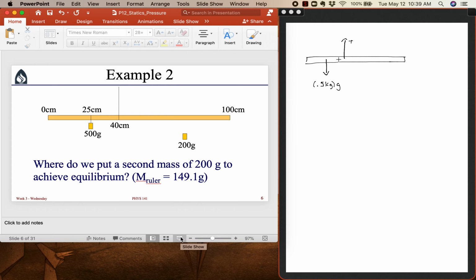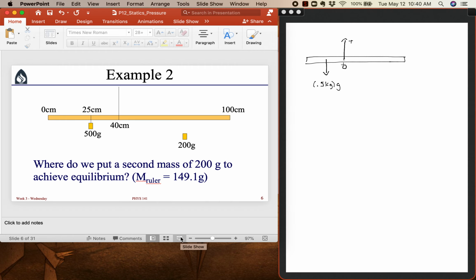And then what about the moment arm? Well, the suspension is here, and this weight is here. So I do have to pick an origin, and I will pick the place where the ruler is hanging from the string as the origin, because that's where the ruler would be pivoting around, and I also don't know what the tension force is yet, so it's convenient that it have a 0 moment arm.